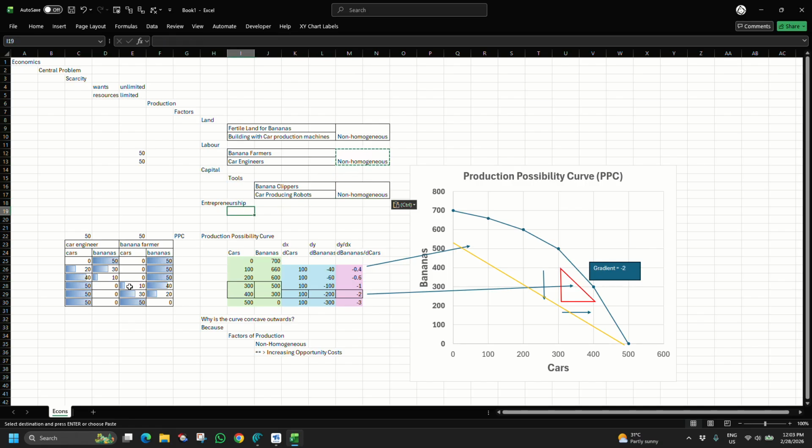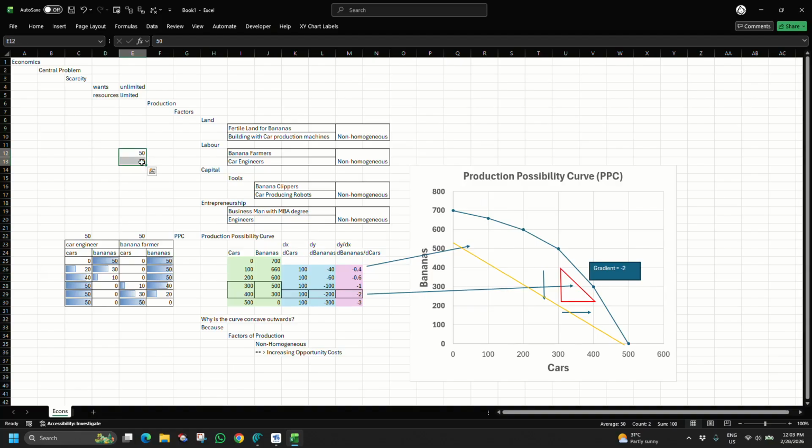Then you have entrepreneurship, where you have businessmen with maybe an MBA degree, or you can hire engineers, the human capital, the people who have different skills basically. So it's non-homogeneous. So the whole idea is that when you're trading it off, it gets more and more costly.